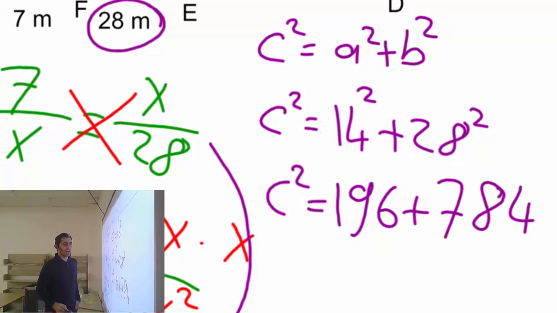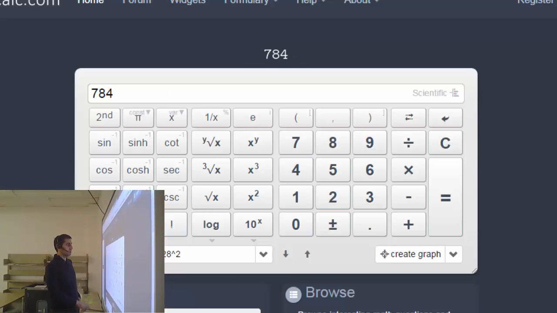784. So I'm going to add these two numbers. So 169 plus 784. This is already here. Plus 196. And it will be 980.